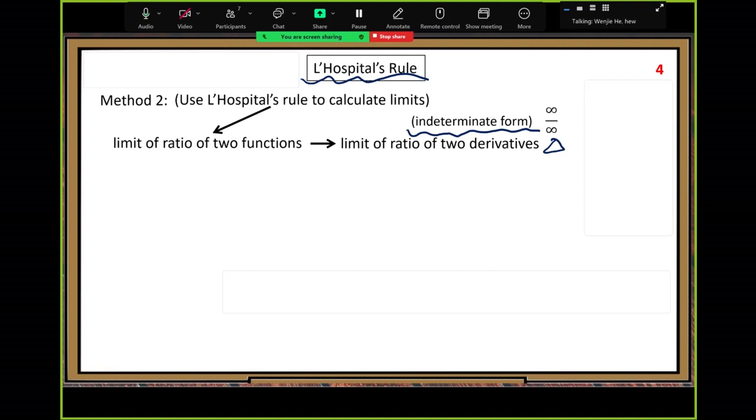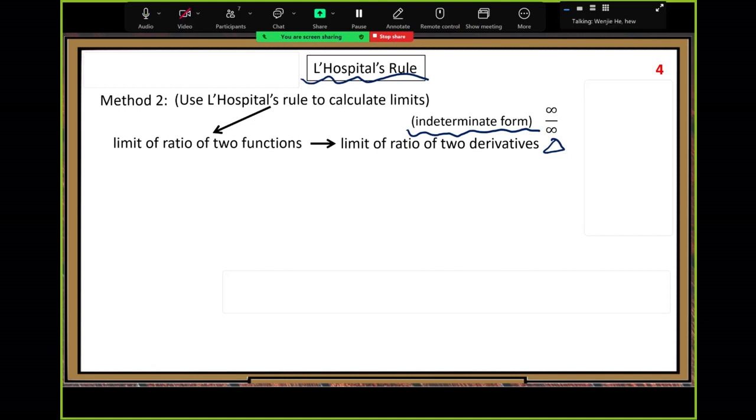The bottom infinity means the denominator function goes to infinity when n goes to infinity. We use this short notation, infinity over infinity, which is a special notation. Do not treat this representation as a number. First, we know infinity is not a number.